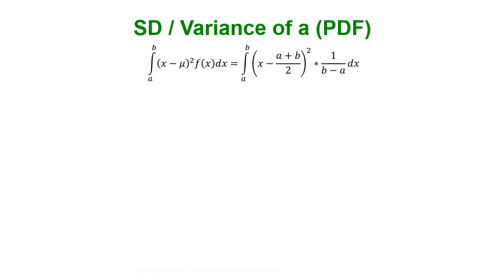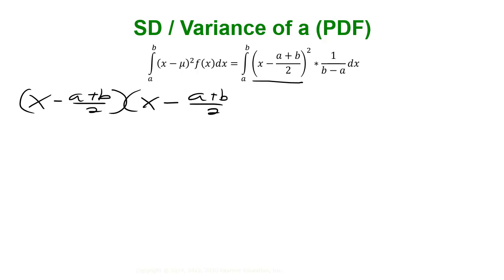All right, so let's start by going ahead and squaring this, right? Writing it all out. And I'm going to ignore the other pieces because we're just going to work on this, right? So (x − (a+b)/2) times (x − (a+b)/2), right? And then you FOIL it out, or like I like to teach, you just take the first one, multiply it through, take the second one, multiply it through.